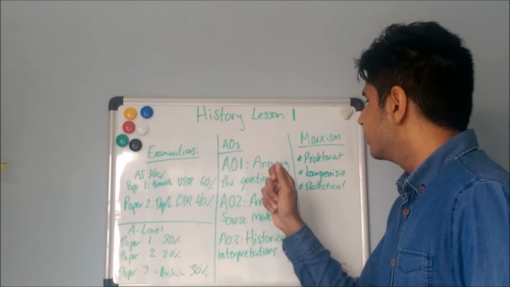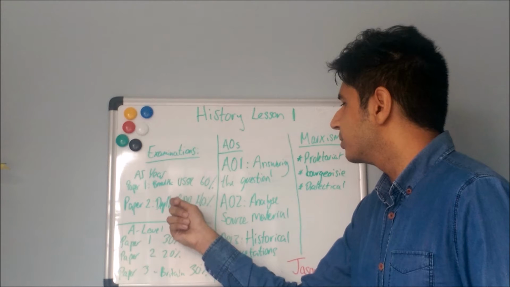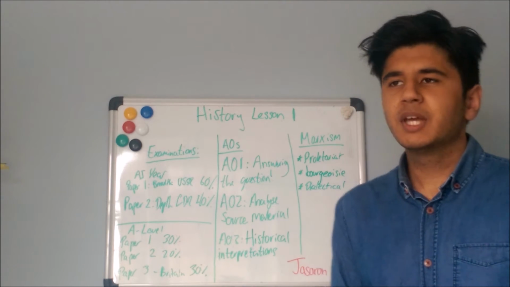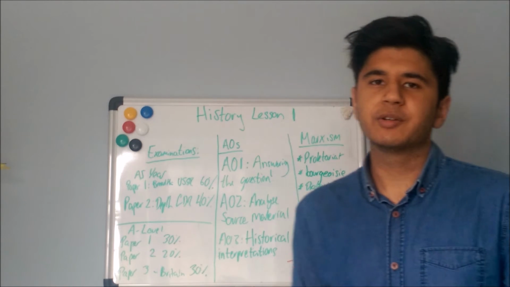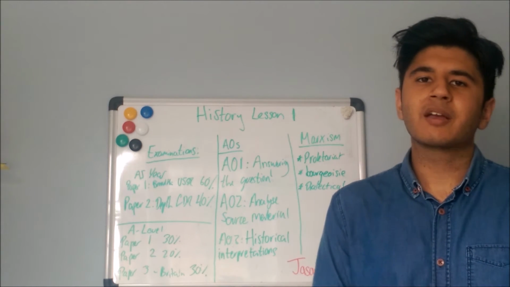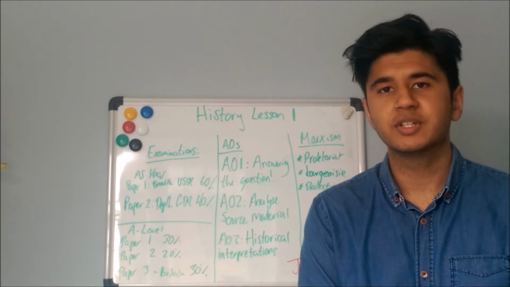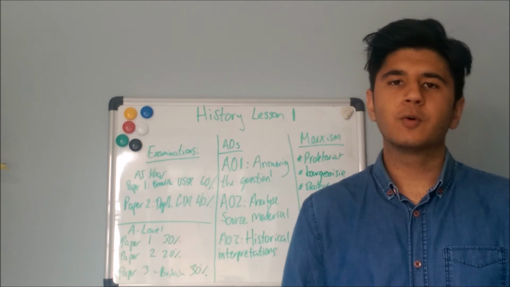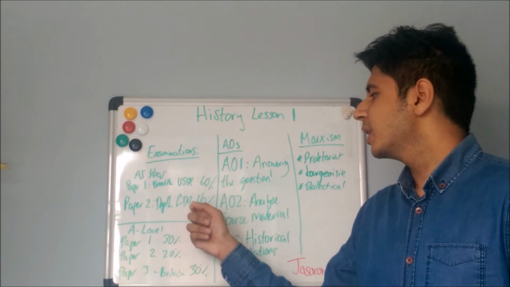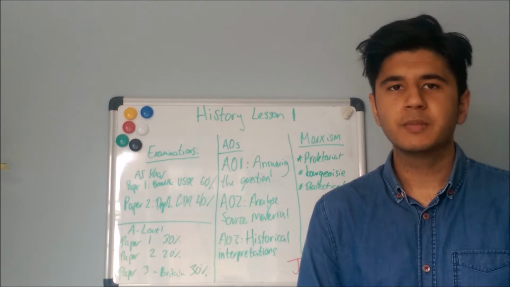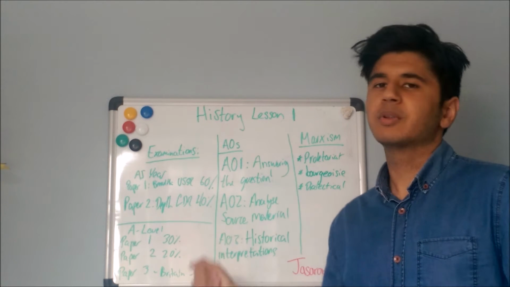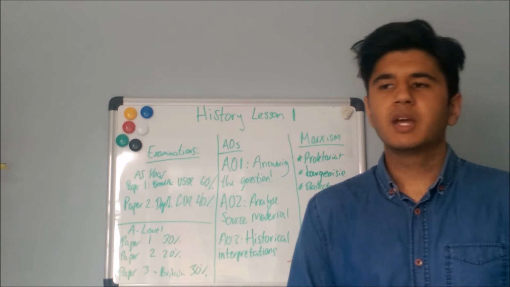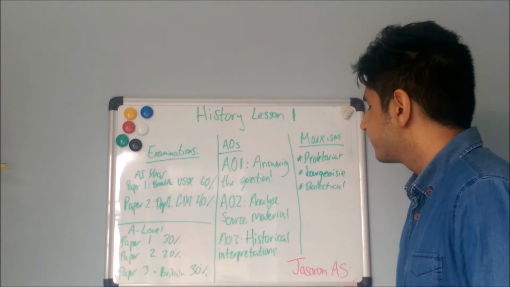AO2, you use that in paper 2 for the first two questions, and this is just analysing source material. So you might be saying whether or not a source is useful to historians, you might be saying how much of it is correct, how much of it is incorrect. For the first question in paper 2, you're literally just saying why it might be useful. For the second question of paper 2, it's all about is it useful or not useful, and that's where AO2 comes in.